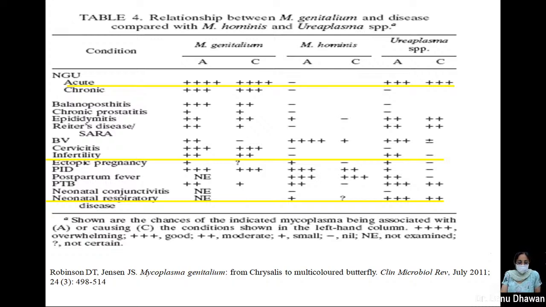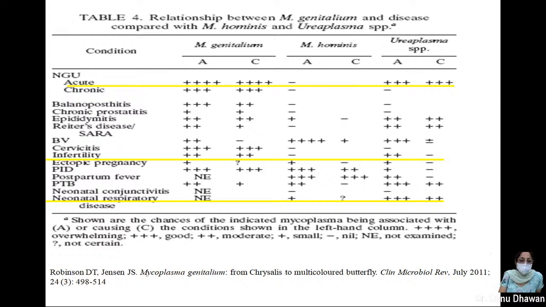M. genitalium has been associated strongly with it, even including Ureaplasma species, both parvum and urealyticum. So it is a definitive cause of non-gonococcal urethritis, both Mycoplasma genitalium and Ureaplasma species.